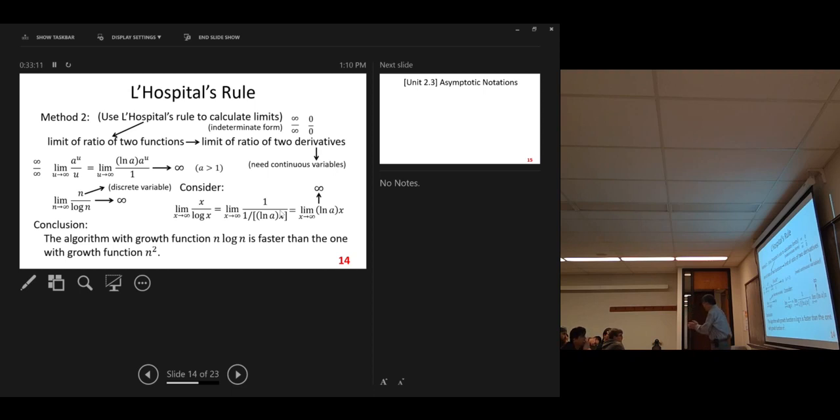After a certain number, just some number, this n squared will be 10 times larger than n log n. Are you convinced? One is 10 times larger than the other one. Are you convinced the smaller one corresponds to a faster algorithm with a 10-to-1 ratio?